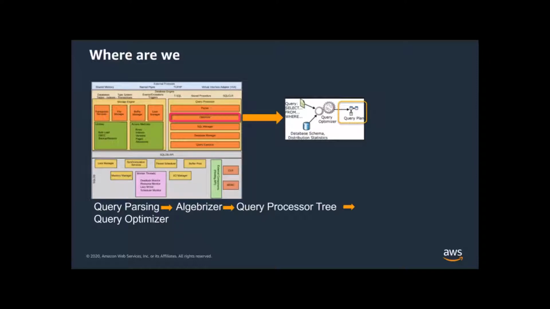The first one is estimated, the second one is actually returned. If the two numbers are very different, that means the optimizer was using the wrong statistics, okay? That's why statistics is important to generate the plan.